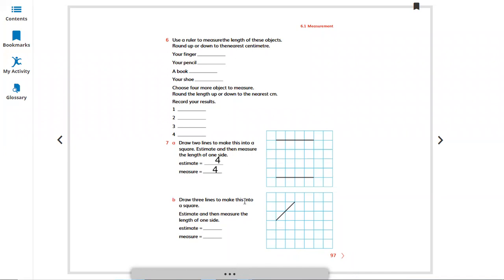Draw three lines to make this into a square. Estimate and then measure the length of one side. So this one is just covering one box into two boxes. So this is 2 centimeters. Also measure. Complete it using only two boxes.